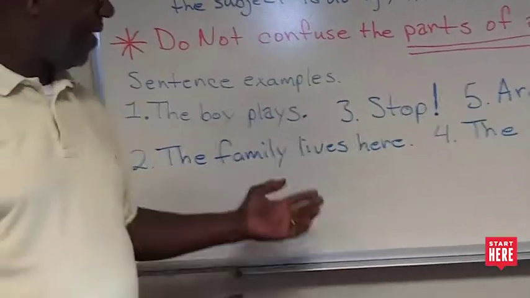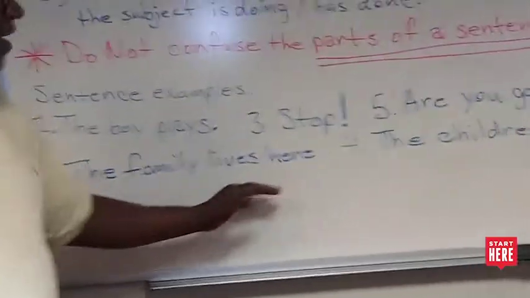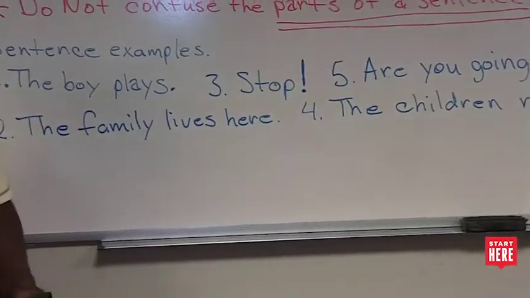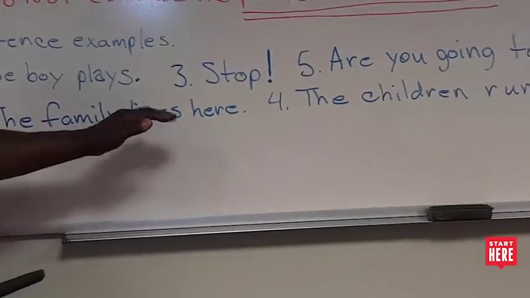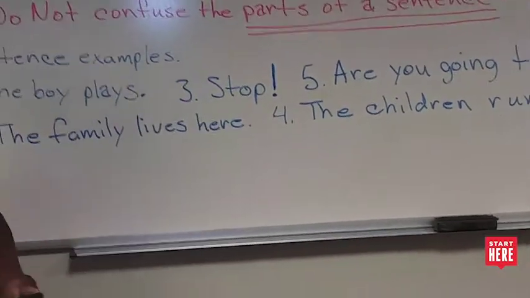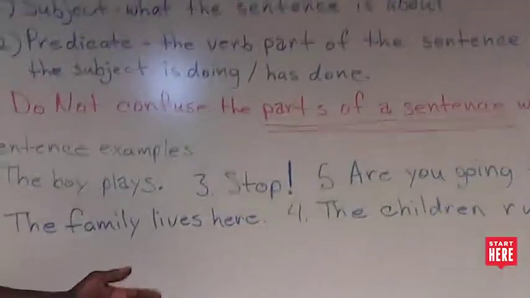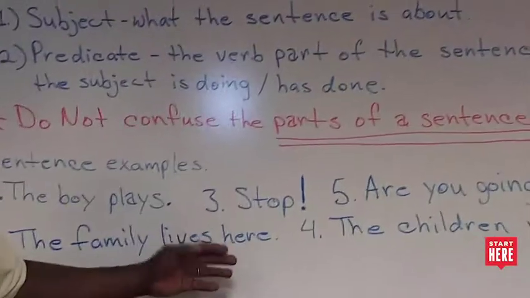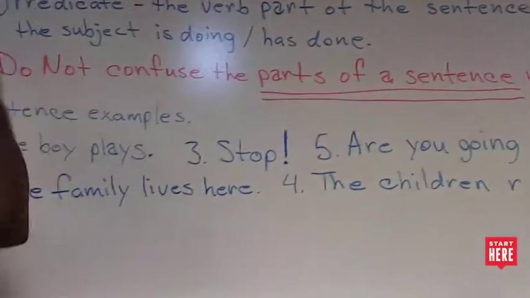What are they doing? Lives here. Notice the predicate here is made up of two words. Both of these words happen to be verbs, but you see, a predicate can be more than one word. It can be two or more words.